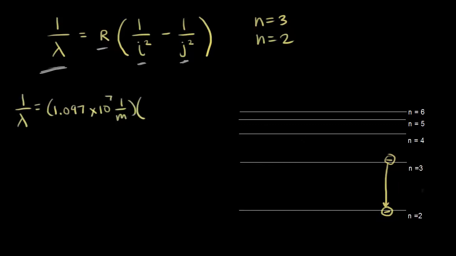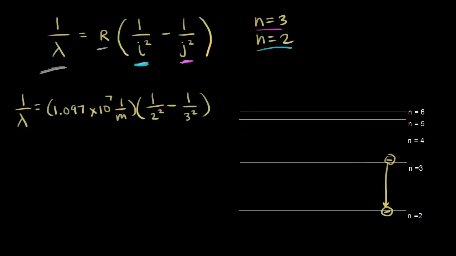Then 1 over i squared, where i refers to the lower energy level, which is n equals 2. So we plug in 1 over 2 squared, and from that we subtract 1 over the higher energy level, n equals 3, so 1 over 3 squared. So 1 over 2 squared minus 1 over 3 squared.